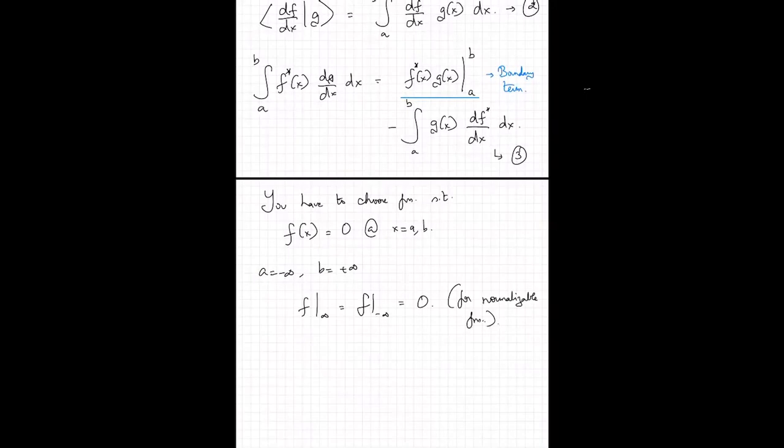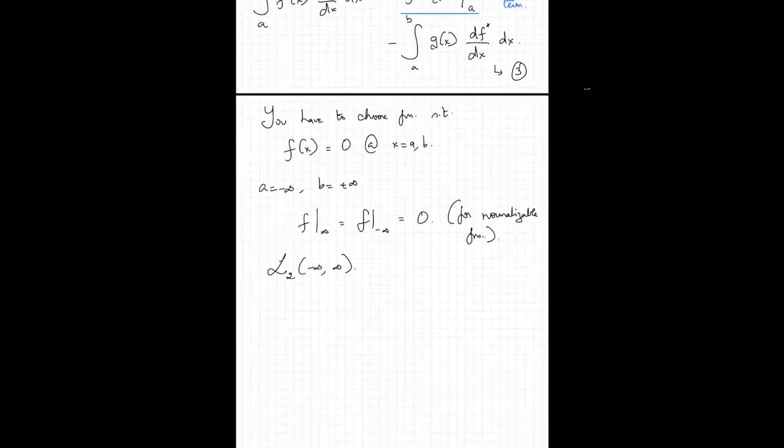Okay, and mostly quantum mechanics is formulated in the space L2 of minus infinity to infinity. And in this space, I can always get rid of the boundary term, because for any reasonable function, its values at x equal to plus or minus infinity are always equal to 0. So I can get rid of the boundary term.